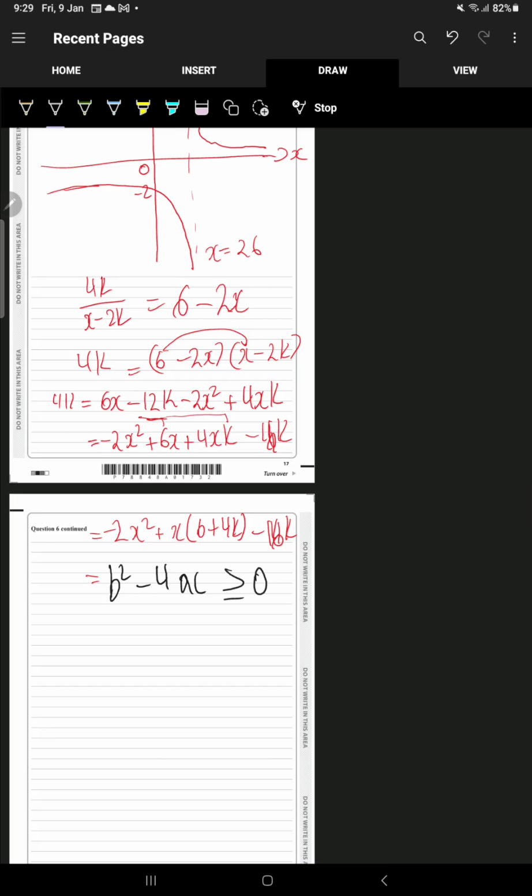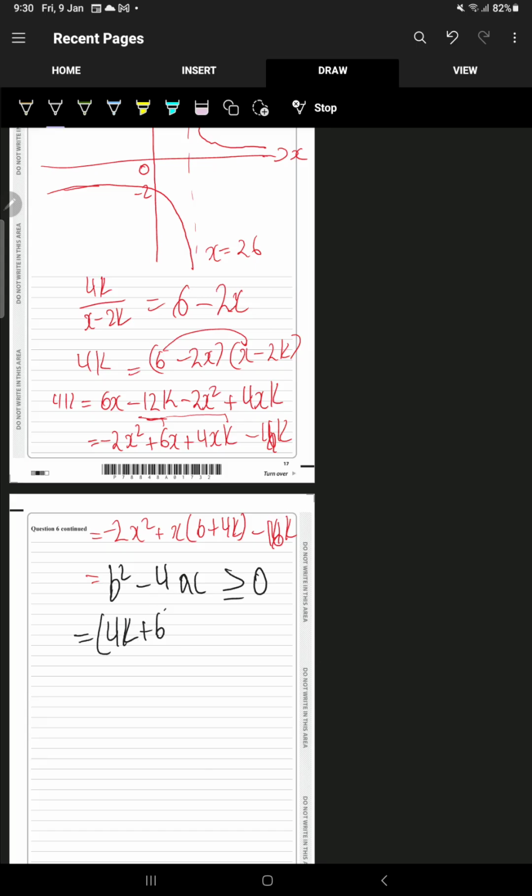Because at least 1 means it can be 1, it can be 2, 3 or 4, not only 1. So we have to use the sign greater than or equal to.